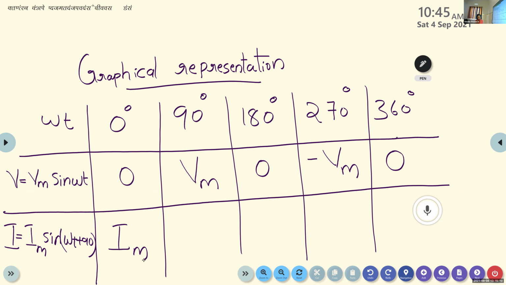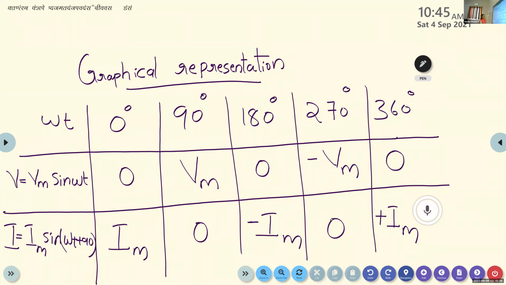Then what about the alternate angles? At 180 degree it becomes minus Im. Then for 360 it is again plus Im. The corresponding alternate angles become 0.